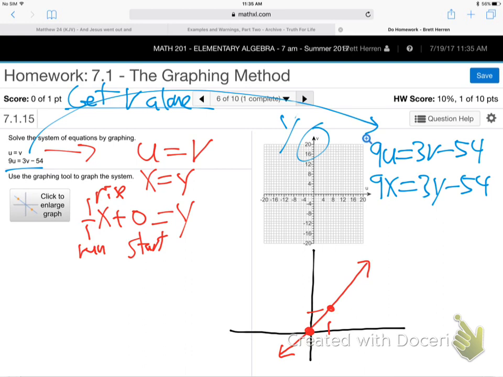Got to solve for y first, right? So solve that blue one for y. Get y alone.